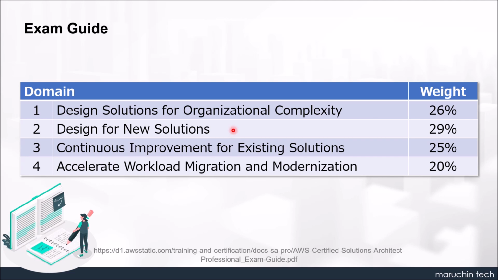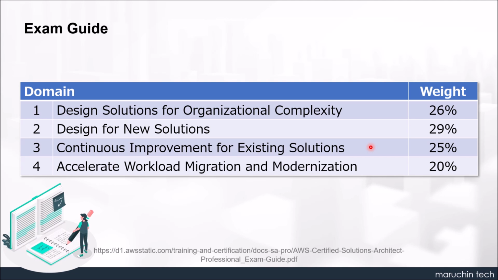Therefore, in designing a new solution, you will be tested on implementing the services according to the specific business requirement defined in the question, as well as on global deployment, business continuity, and reliability design. And for the continuous improvement of the existing solution, you will be tested on understanding operational services and the strategy to enhance the security.